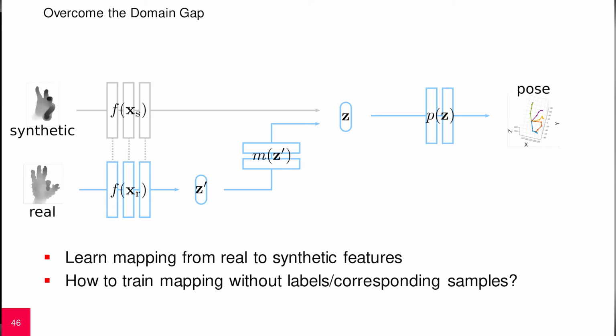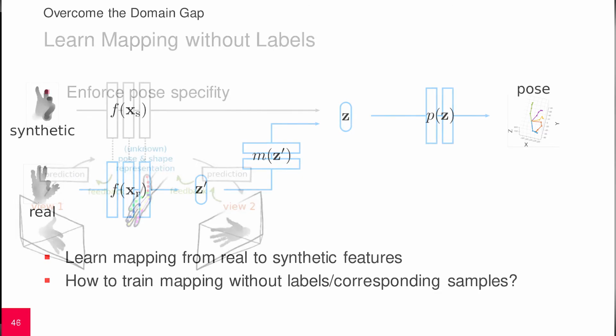But if you assume that you know the correspondence, you are assuming that you know the pose of the real samples too, because to have a corresponding real sample to a synthetic sample, you would need to know the pose of the real sample. So the question for this work was how to train this mapping without having corresponding samples, or without having labels for the real data.